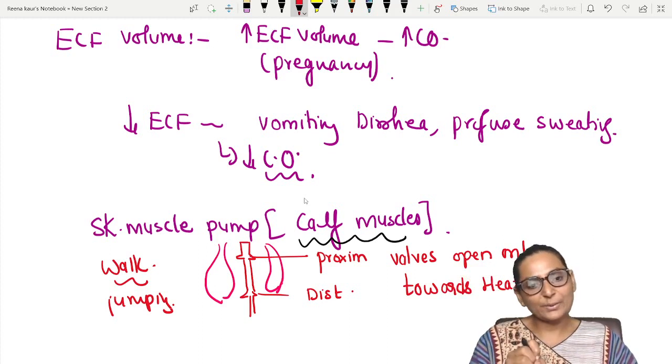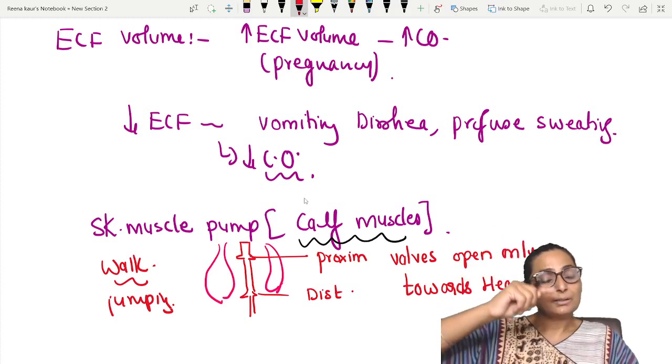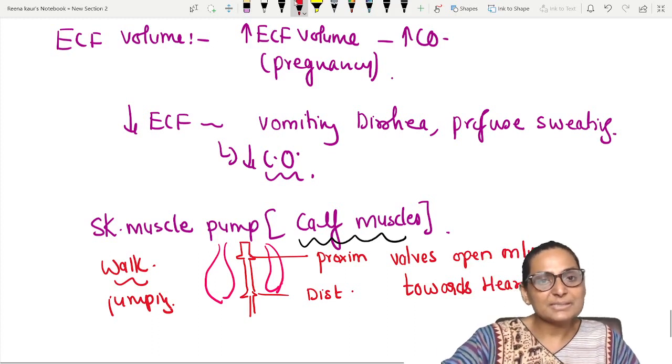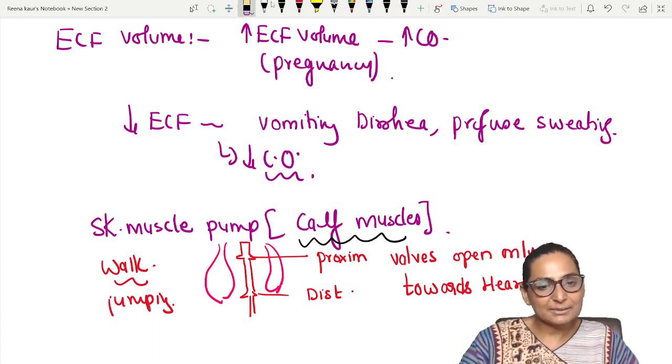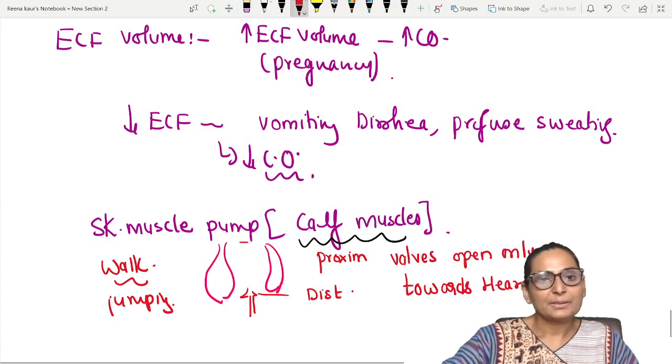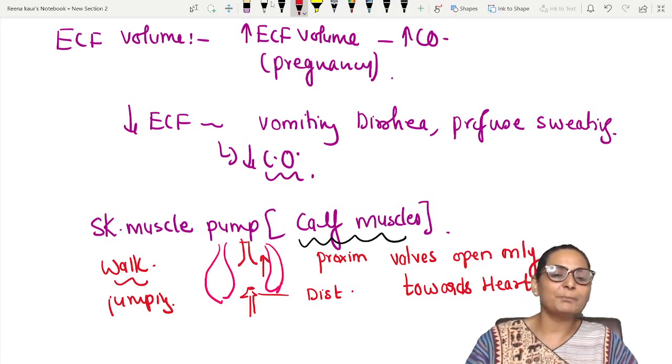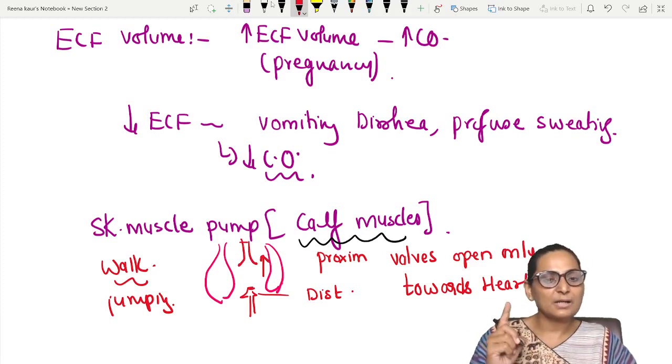As they compress the veins, the blood will always flow towards the heart, because the proximal valves will open, but the distal valves will close, and the flow of the blood is always towards the heart.